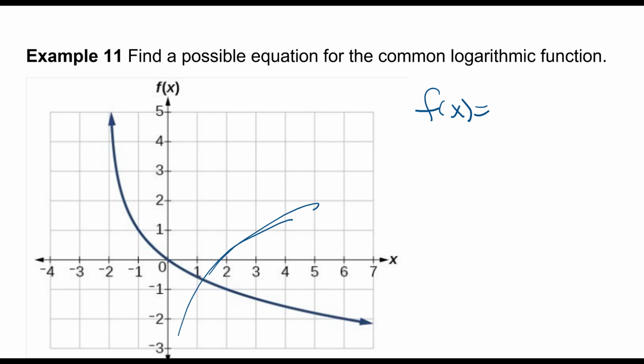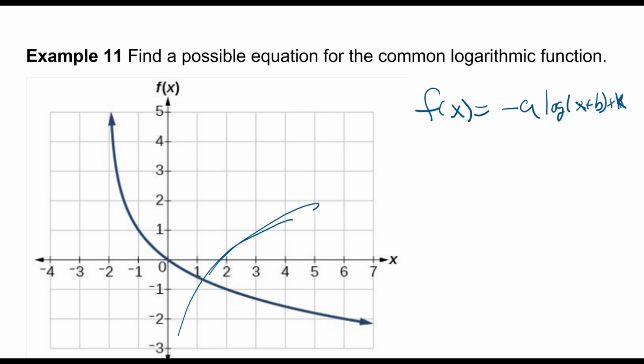So given where it's coming from, it's going to be a negative a times the common log of x, and I see which way it's going. It's going to the left, so x plus b, and then I have a plus k, or plus d, whatever you want to call it, just some other variable.